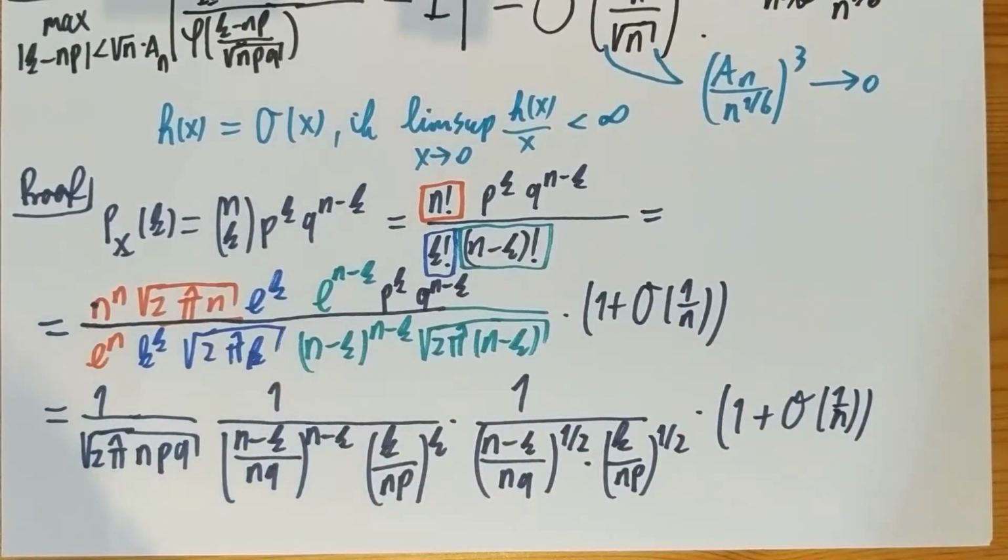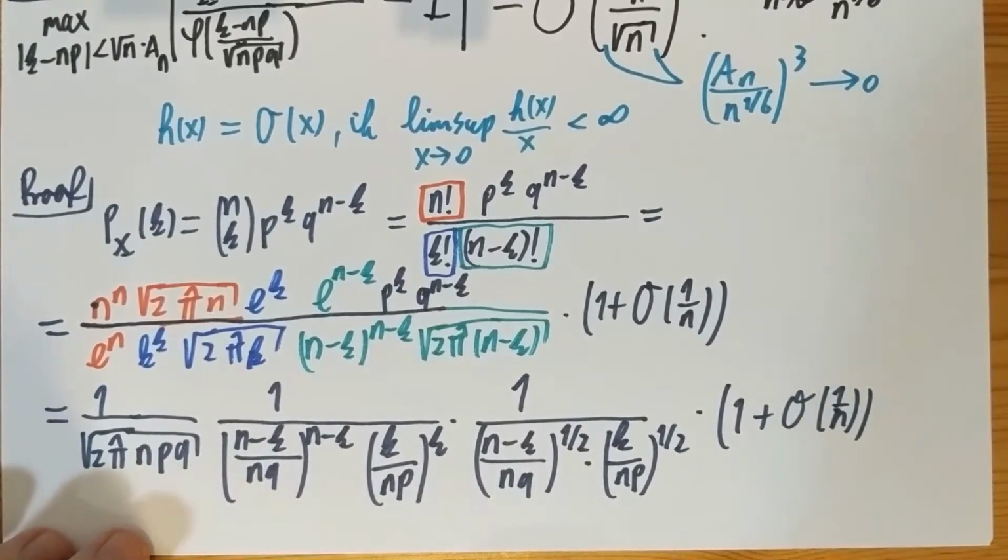So the square root of n is there. The exponentials are gone. Can I find p to the k? Yes, here is p to the k. Can I find q to the n minus k? Yes, here is q to the n minus k. I also have some q to the 1/2, but that cancels with that square root, so these guys cancel. I have p to the 1/2, but those guys cancel again, so that's fine.